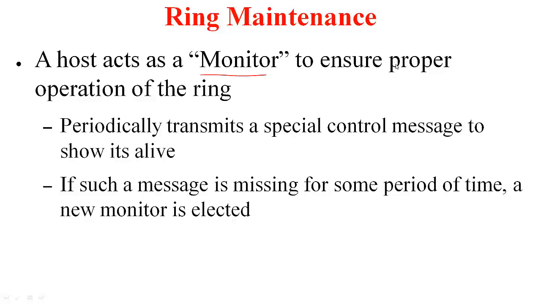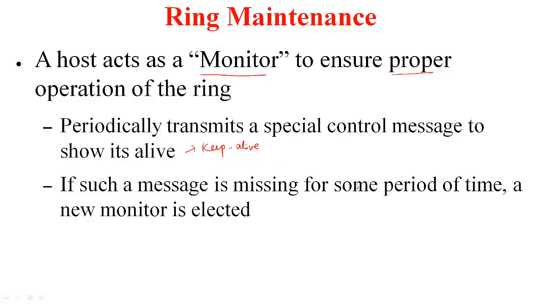The role of the monitor is basically to ensure proper operation of the ring. To achieve this, the monitor periodically transmits a special control message to show that it is alive. These are typically called keep alive messages, which inform the other nodes that the monitor is alive and active within the ring.